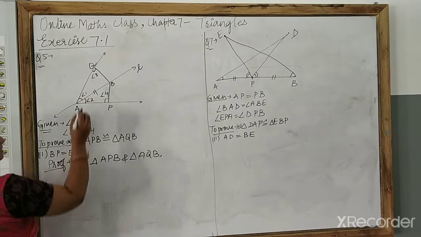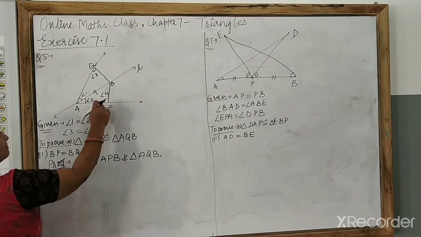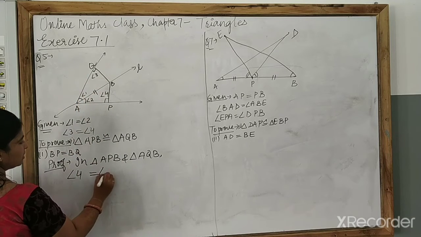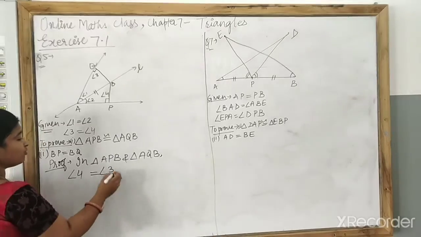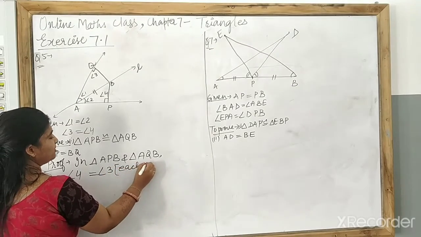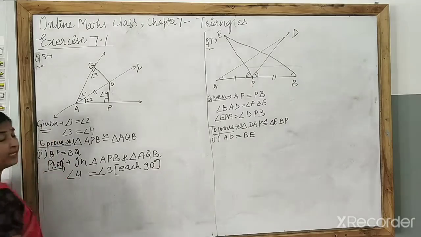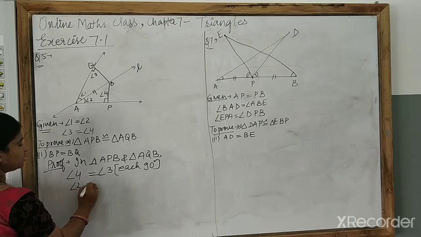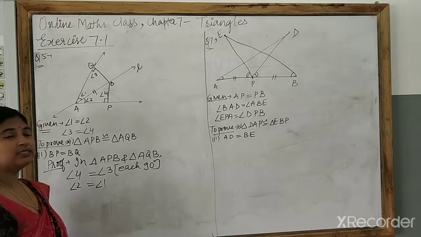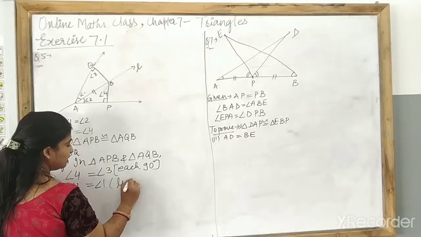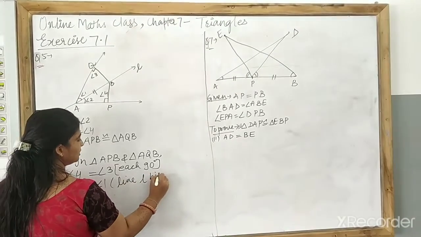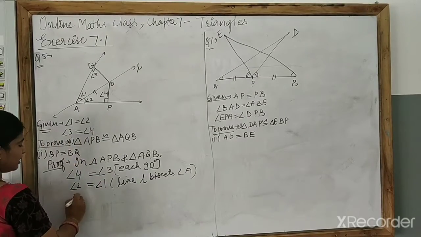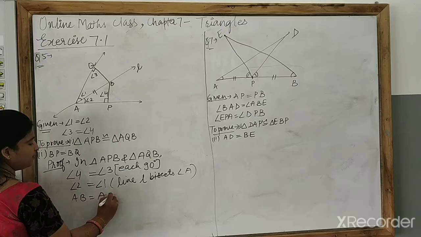So I will start with this angle. Can I say in triangle APB, angle 4 is equal to triangle AQB, angle 3? The angles are equal. Why? Because they are perpendicular, so each angle is 90 degrees. Now angle 2 is equal to angle 1. The reason is line L bisects angle A. Now third, AB is equal to AB. Why?